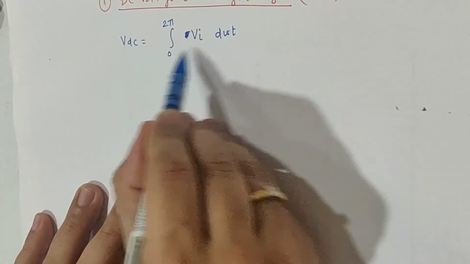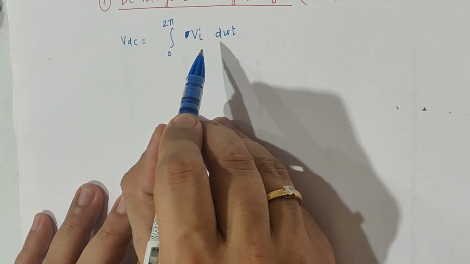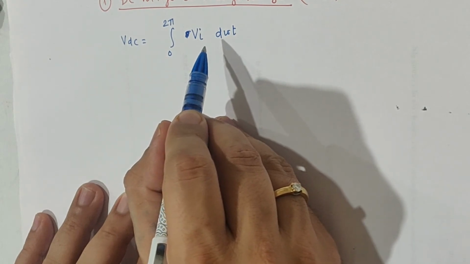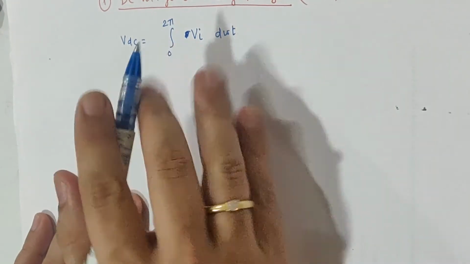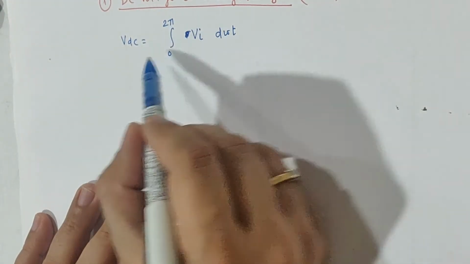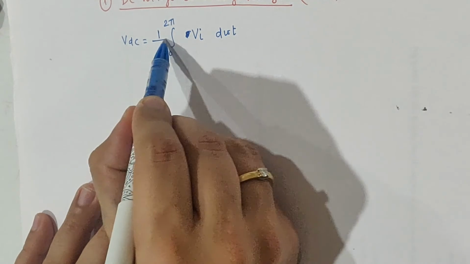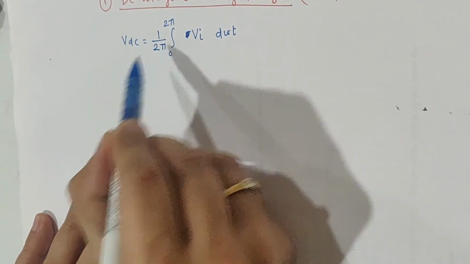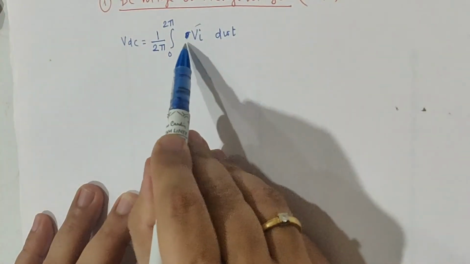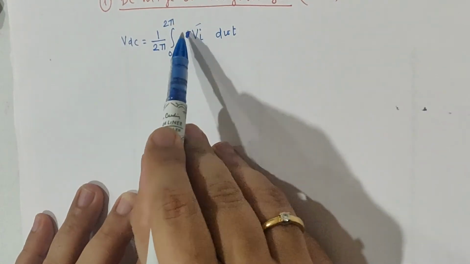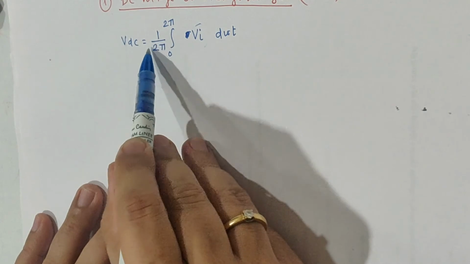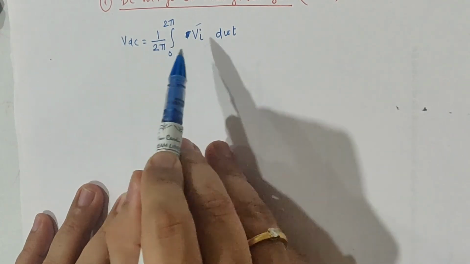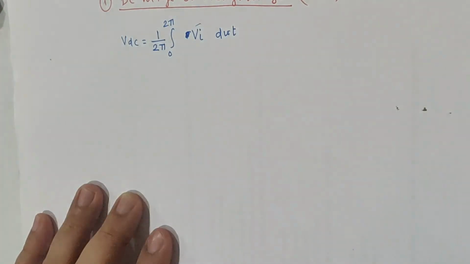This part is going to add every point of input voltage, and then I need to divide it by the total points, which are from 0 to 2 pi. So divide it by 2 pi, and that will give me the DC voltage.